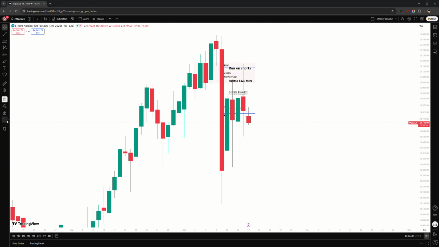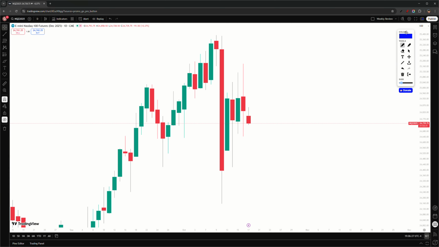So let me just remove those. So starting with the daily chart, the obvious PD arrays that we can see in the daily chart, we have here, let me see if I can annotate. That would be very nice if I can do that. All right, that's good.